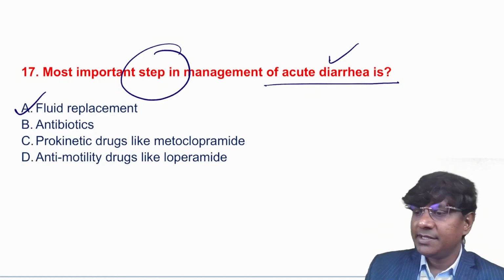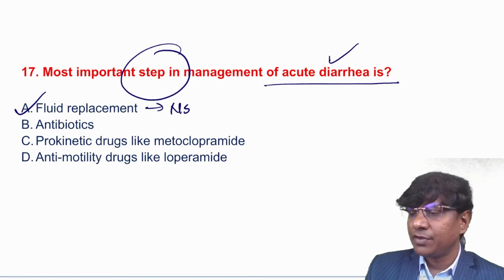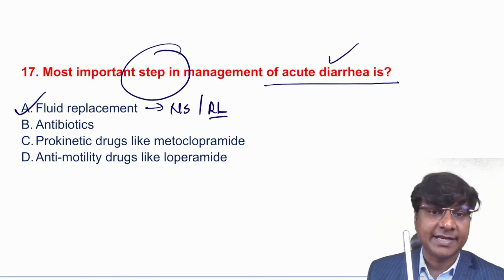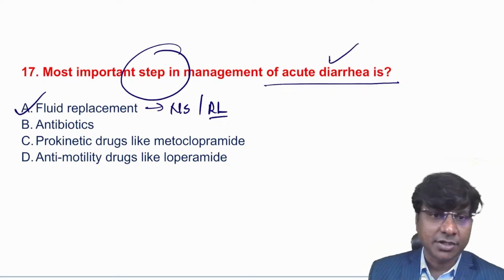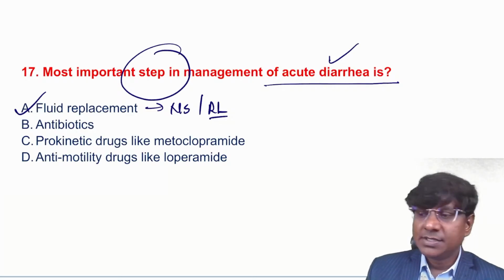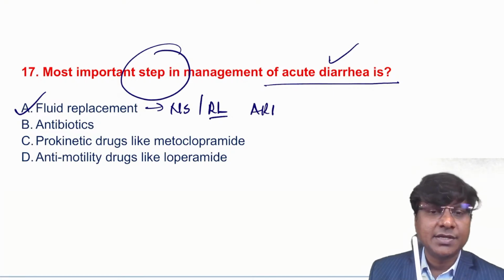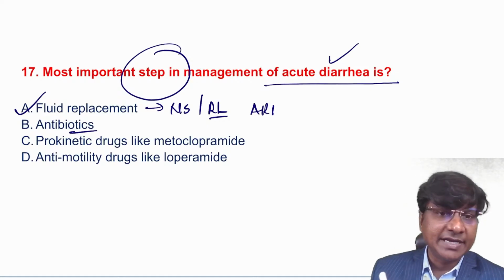So that is the reason why IV fluids in the form of normal saline or Ringer lactate are the ones which will restore the volume and prevent the shock, right? Otherwise, the individual will progress to the development of acute kidney injury and electrolyte abnormalities can be there. Now, you take antibiotics.